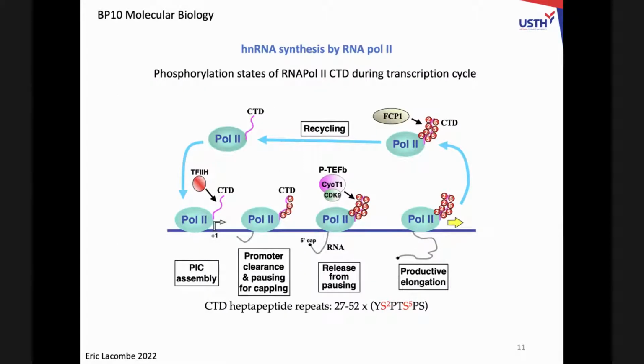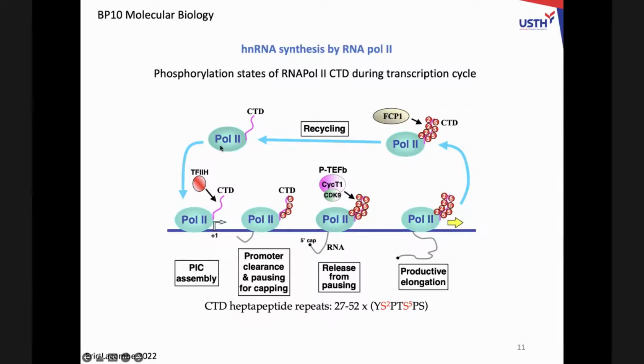So then, the cycle of polymerase for Pol2. We have to think in a completely dynamic way. The drawing here shows you the whole cycle, and you have to imagine that it's cycling and cycling again for the transcription of one Pol2 gene. At the bottom of the drawing, you've got the genomic DNA with the +1, the transcription start.